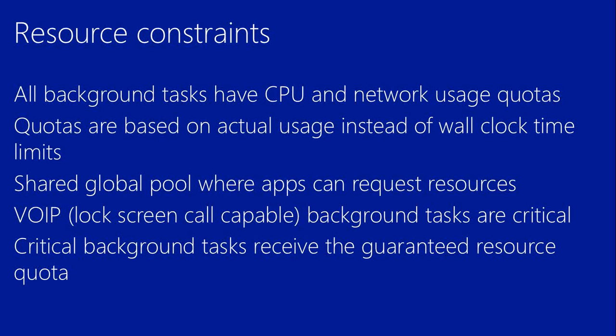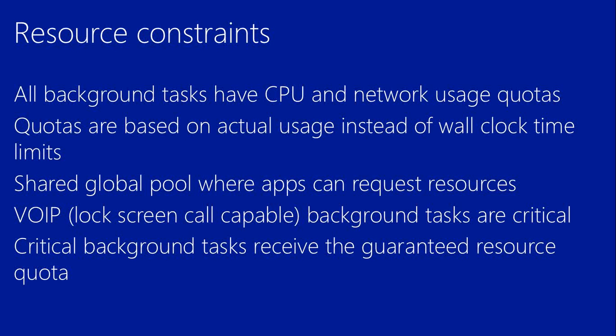Although wall clock time is a very familiar unit of time that we use, the resource quota which is given to the background task is based on actual usage, actual CPU usage. For example, if your application is running in the background and wants to get some data from the internet, let's say it's downloading some data from bing.com, most of the time it will be waiting for a response from bing.com.